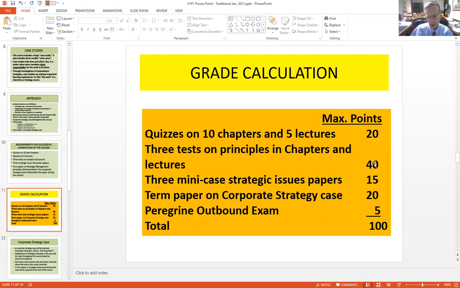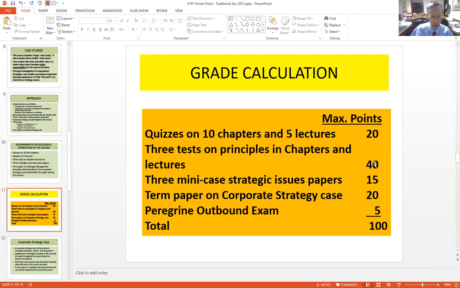So I've got mixed emotions about this, but right now I can tell you that those 3 tests together will be worth 40% of your grade. The 3 mini case papers will be worth 15 points, and that last corporate strategy paper will be worth 20 points.